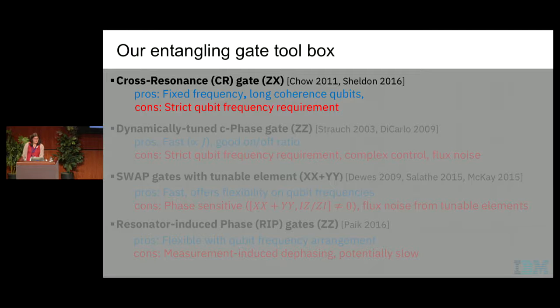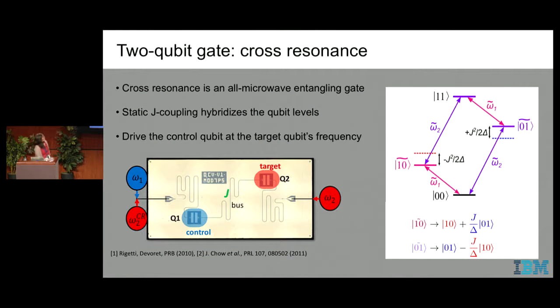Nonetheless, we have qubits where the cross-resonance gate is an all-microwave entangling gate. As I said, you could use these fixed frequency qubits, and the 2 qubits are coupled with a static J coupling through this bus that hybridizes the qubit levels. So here's qubit 1, qubit 2.